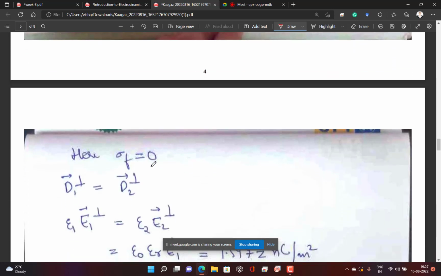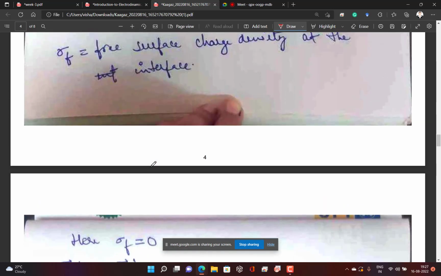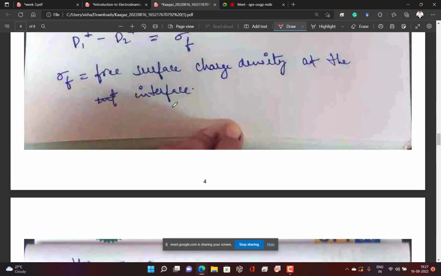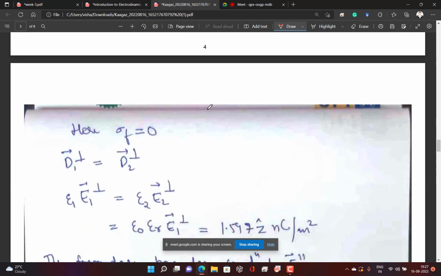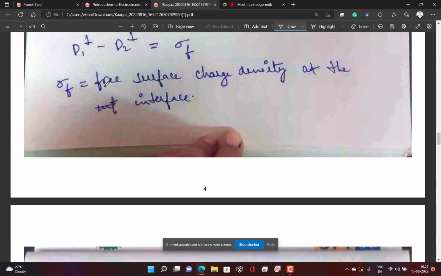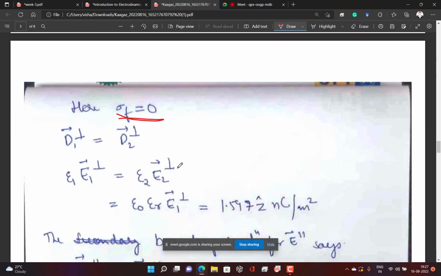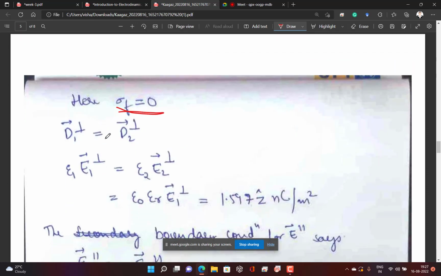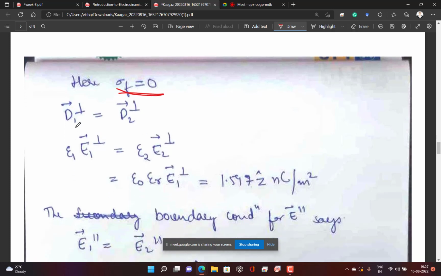Now here, since the free surface charge density is not given in the question, it is assumed to be 0. Now D1 perpendicular will be equal to D2 perpendicular, isn't it? We already know D1 is epsilon 1 E1 perpendicular, D2 is epsilon 2 E2 perpendicular.